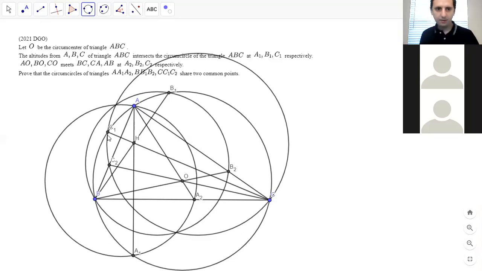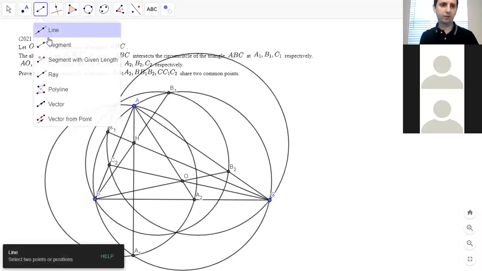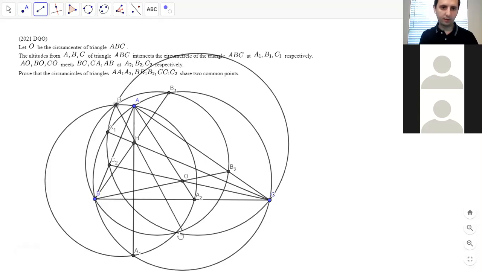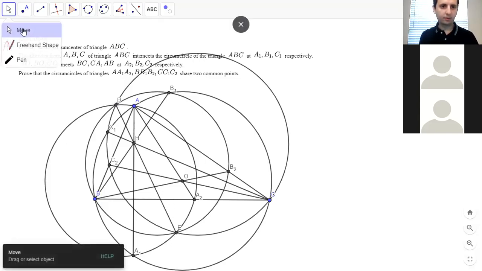So yeah, I wonder if H lies on the radical axis of these circles. It does, okay. So there's something special about this line.